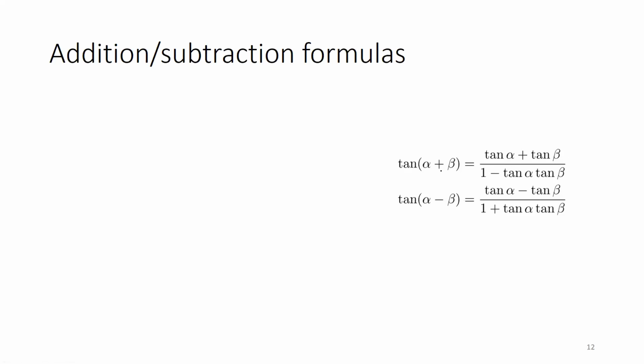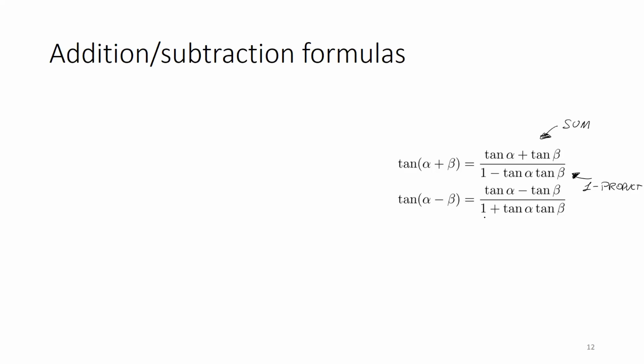And the structure to keep in mind here is that tan alpha plus beta gives you a fraction where in the numerator you have a sum, and in the denominator you have 1 minus the product of tan alpha and tan beta. And then tan alpha minus beta, you get the same kind of structure. So for the numerator, you have the difference, tan alpha minus tan beta.